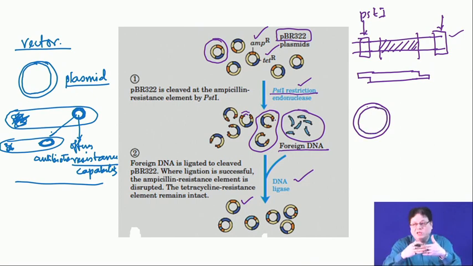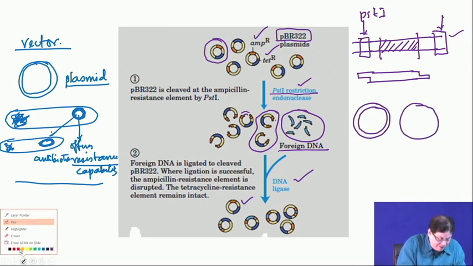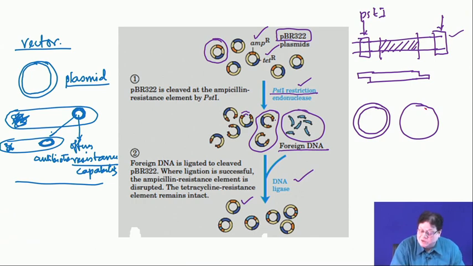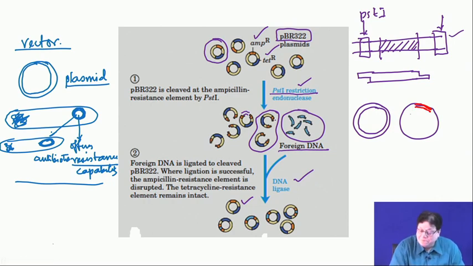So, they just join with each other again, but some of the vector can take this external piece of DNA. Suppose this is the external piece of DNA, and then you complete the other part. So, now you have this recombinant DNA, rDNA, and this is just a vector DNA.